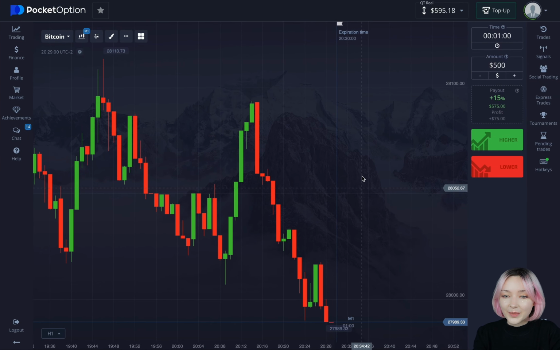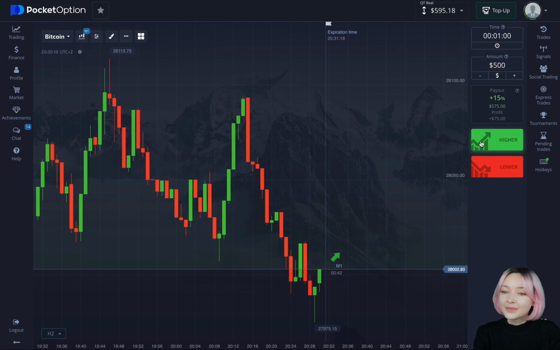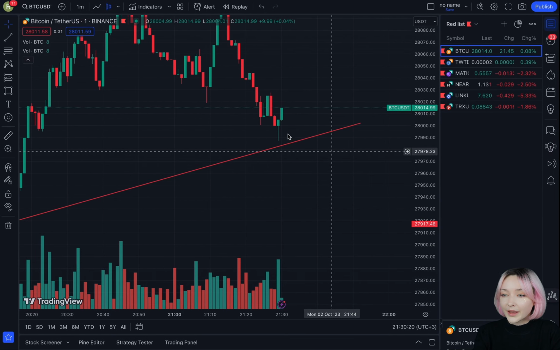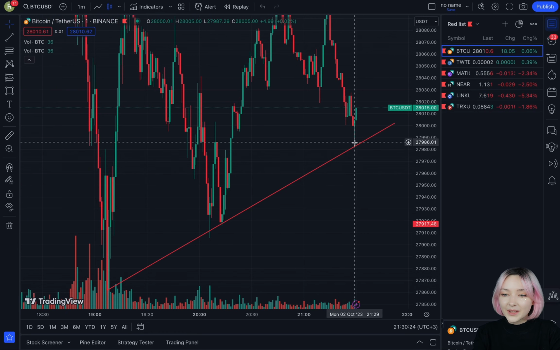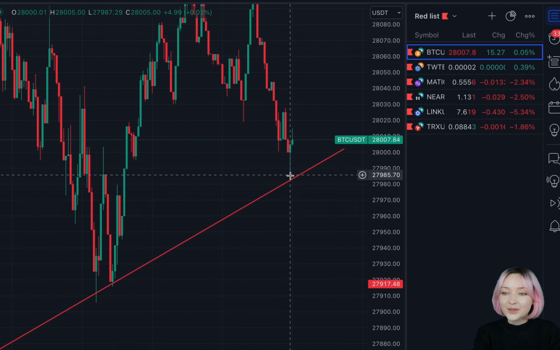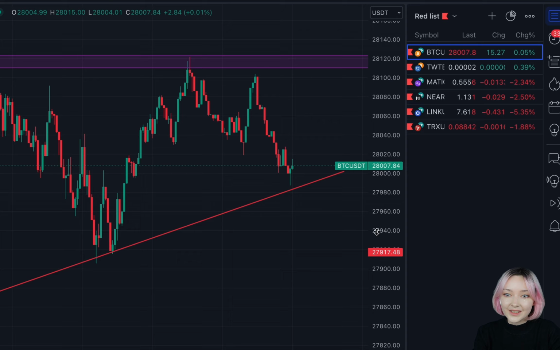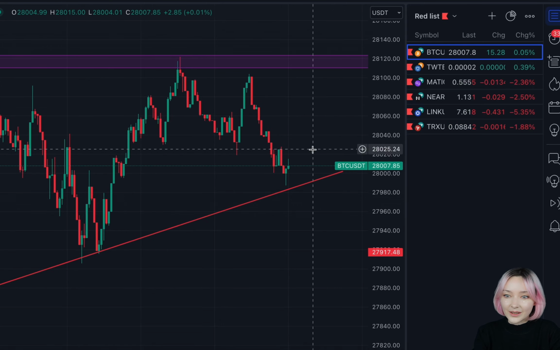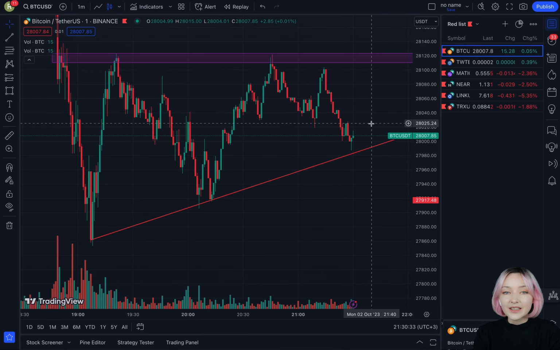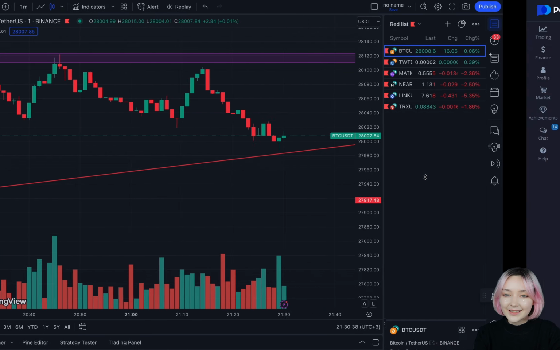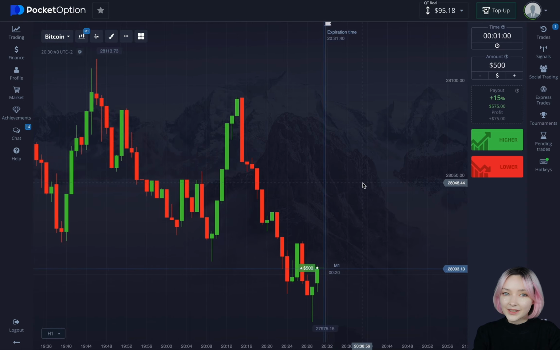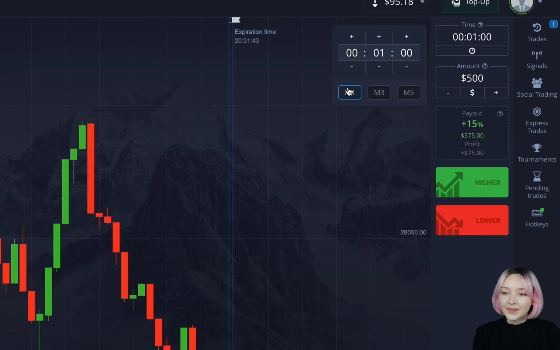So let's try to make one upward deal now. The chart is supposedly about to start growing without fully reaching the trend line. We didn't make a mistake, we've found a reasonable factor for an upward deal and opened the said deal. Expiration time is set to 1 minute, as we do all the analysis on a 1 minute time frame as well.